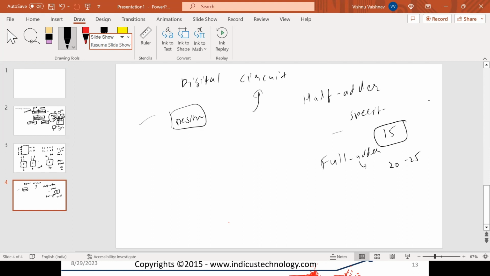Let's say after the full adder, I ask you to design a 4-bit adder. How much time will it take this time? If you think you'll take a truth table and a K-map and then get the equation, it may not work for you.